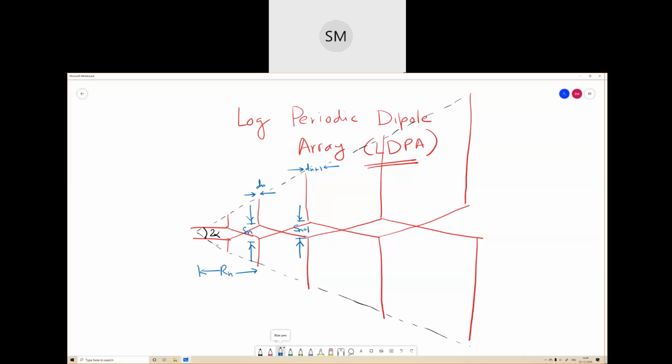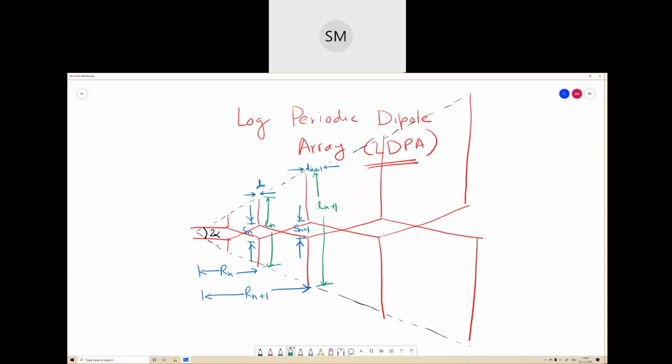And this is Rn plus 1. And what is Ln, as you might have guessed? This is Ln. This dimension is Ln plus 1.